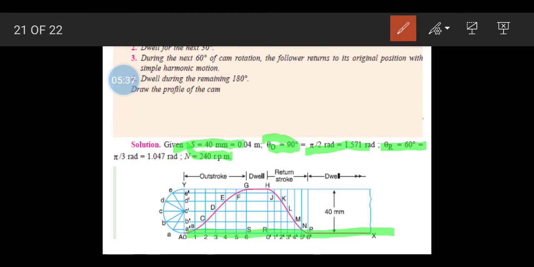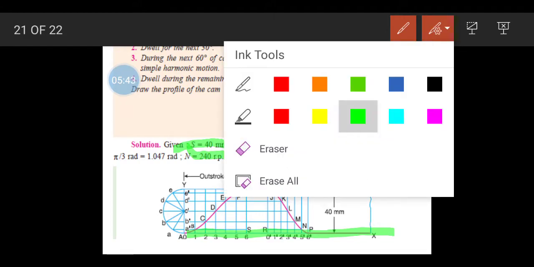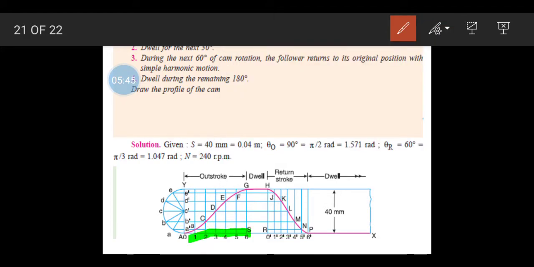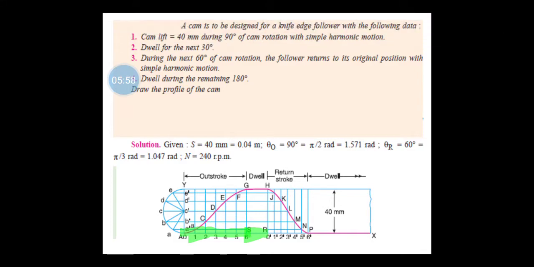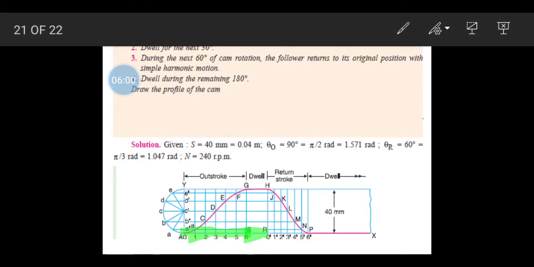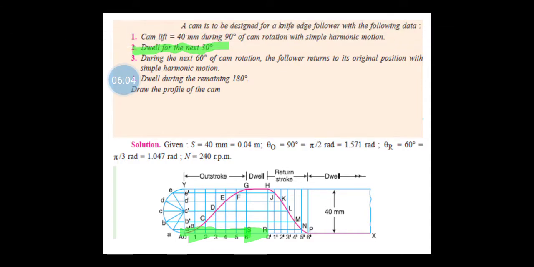Once we draw this line, we have to represent the outstroke. Here the outstroke is given as 90 degrees, so based on the scale, from A to S we take it as the outstroke. And there is a dwell, this is the part of the dwell which we have indicated, for the next 30 degrees.